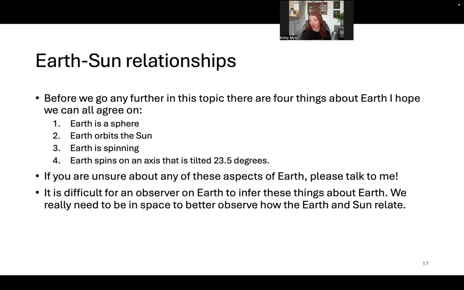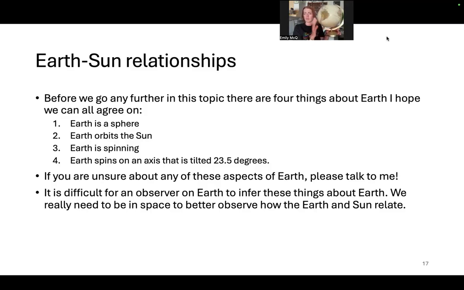A new factoid, which we will talk about more in depth in the cryosphere module, is that Earth doesn't spin completely up and down like this. Here's the equator. It doesn't spin like this. If you've ever seen a globe, we know the globe sits like this.